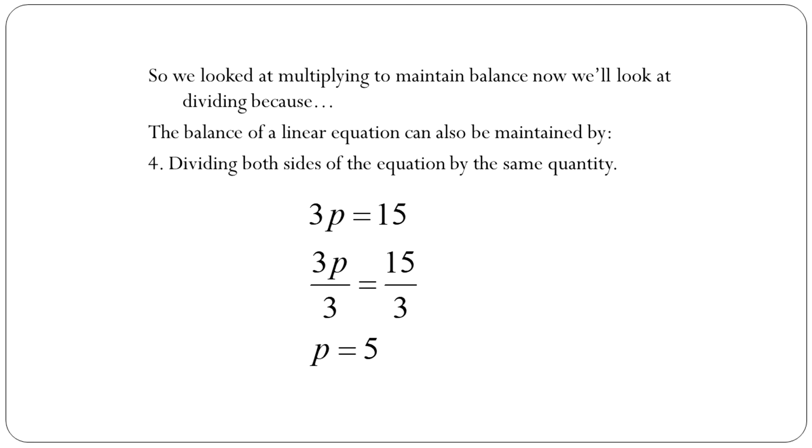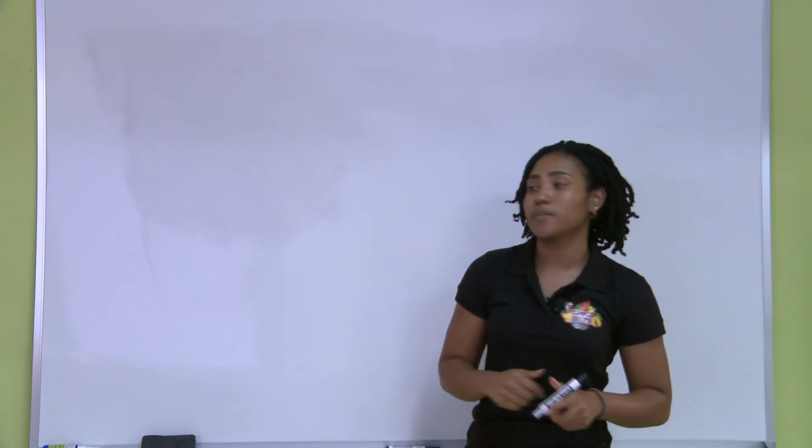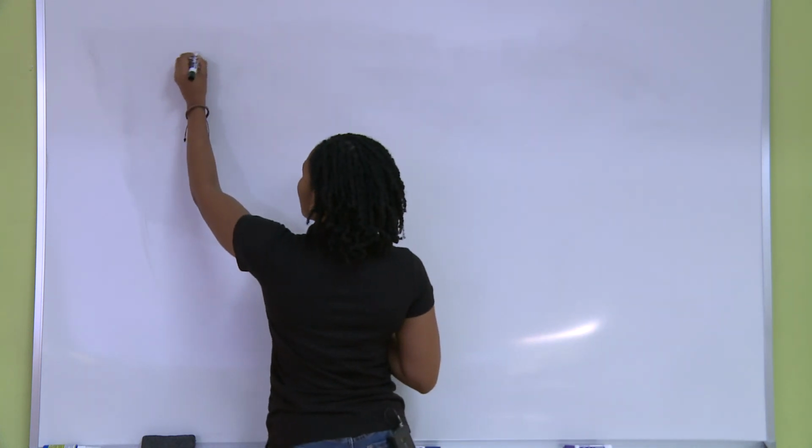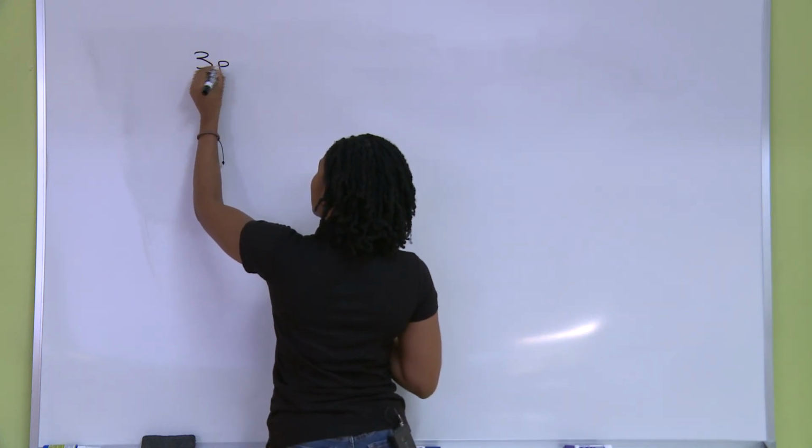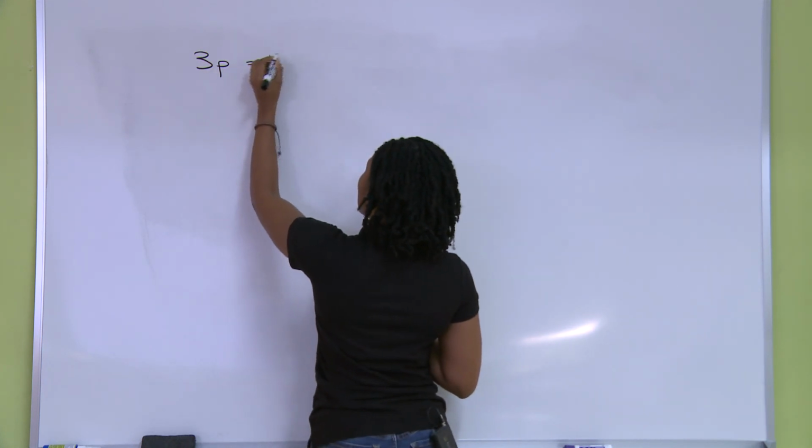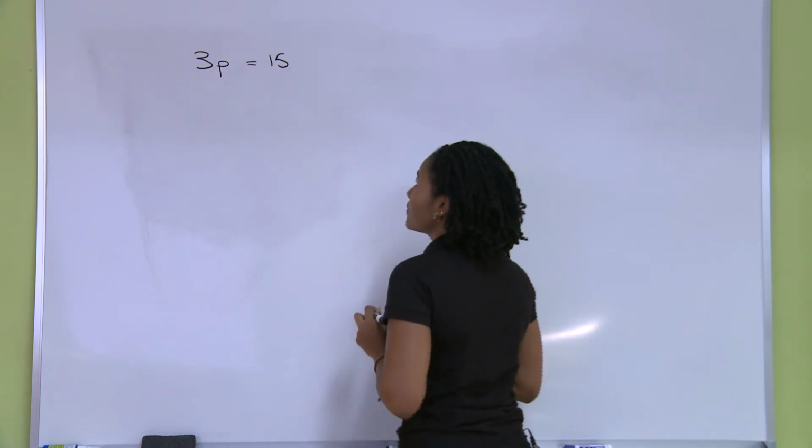So we looked at multiplying to maintain balance. Now we'll look at dividing, because the balance of a linear equation can also be maintained by dividing both sides of the equation by the same quantity or constant. Let's look at an example. 3p is equal to 15.